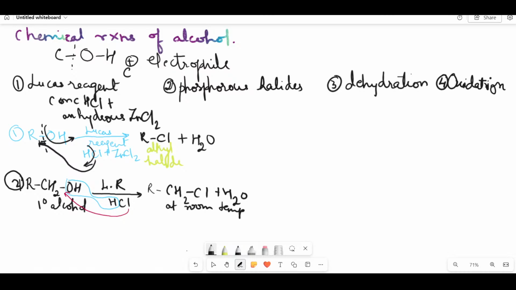Let us take another example. If I take R, that is 2 degree alcohol, the same thing, HCl plus ZnCl2.